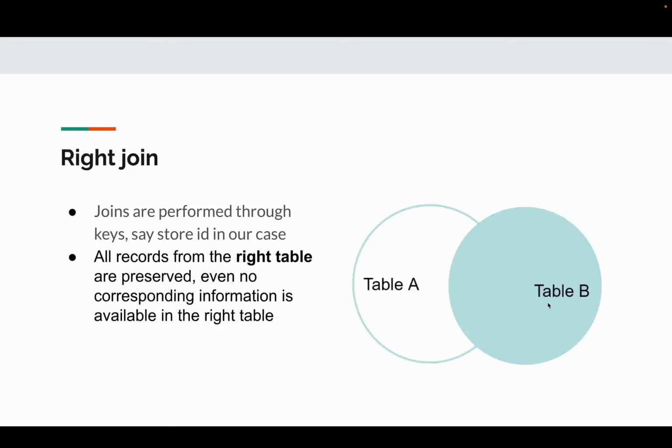And this is vice versa: you will keep all the records with all the store IDs in table B, even if you don't have information in table A.